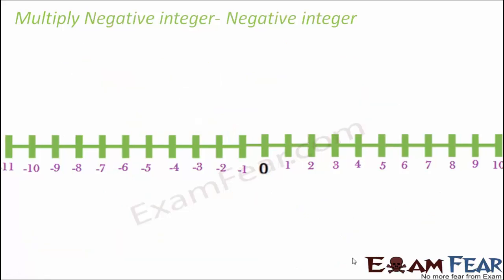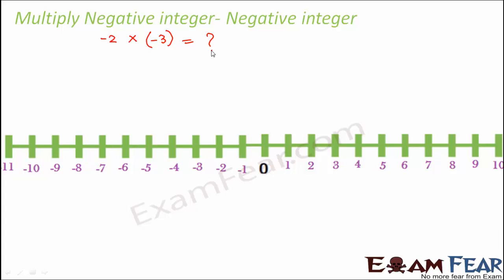Now let us see how we multiply a negative integer with a negative integer. This is going to be a little more interesting. Let's say you have to find the value of minus 2 multiplied by minus 3. What does this mean basically? Because when we say minus 2 into 3, we say that minus 2 is added 3 times. But when we say minus 2 into minus 3, does that mean that minus 2 is added minus 3 times?